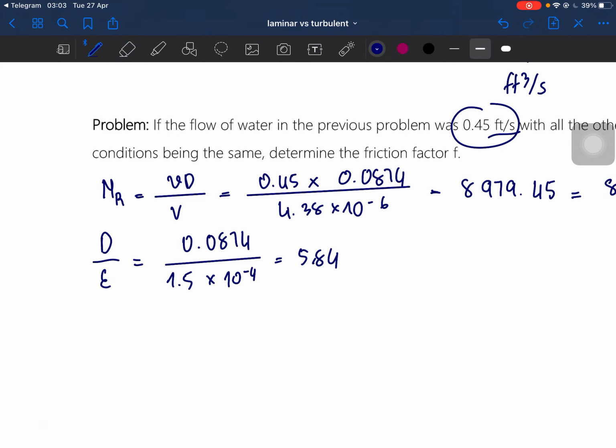Okay, F equals 0.0343 is the friction factor. The question doesn't need us to compare, but I want to compare.